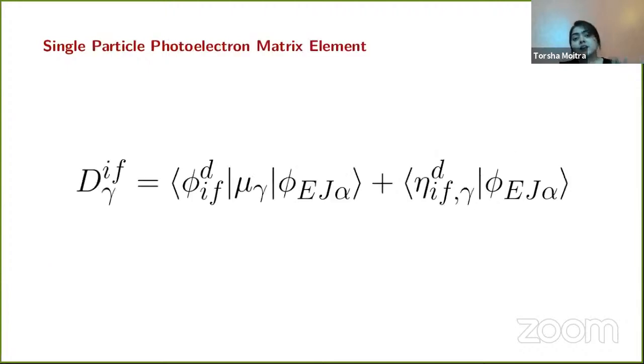So within this single channel approximation, the many particle photoelectron matrix element boils down to the single particle photoelectron matrix element D_IF, where phi_IF and eta_IF are known as the Dyson and the conjugate Dyson orbital. The phi_IF and eta_IF have within them compressed all the information of the bound part of the system.